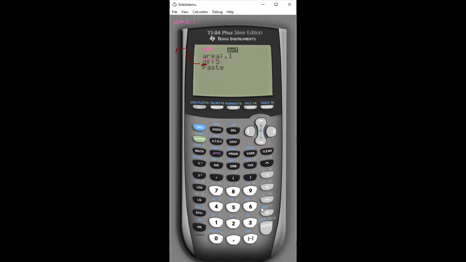Now you can calculate the critical value. See here, it gives me negative 1.475. So this is the same value as the table value.